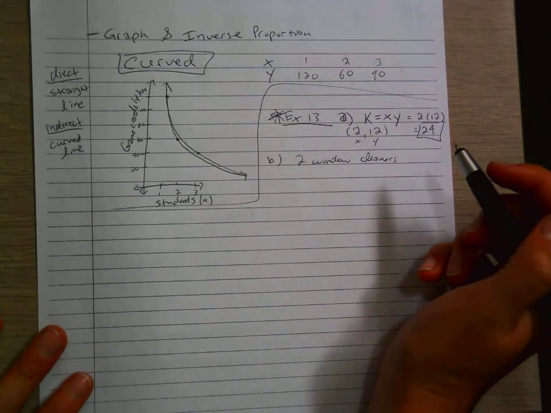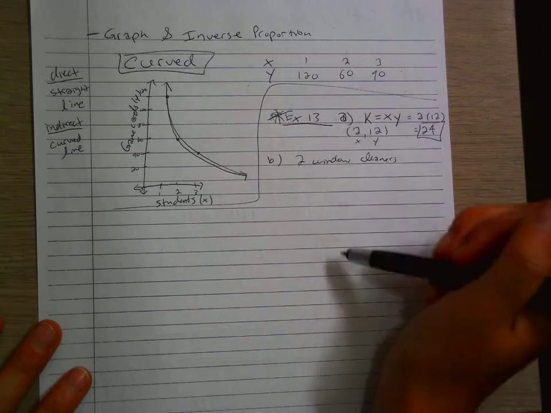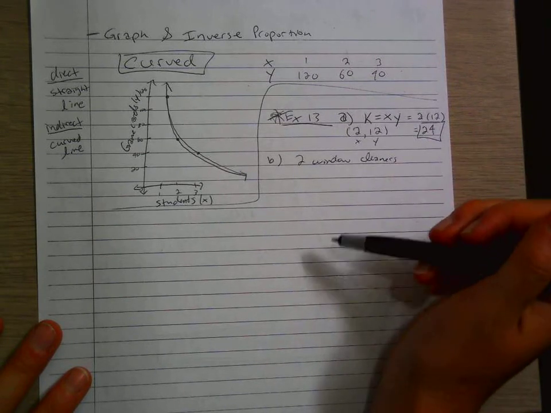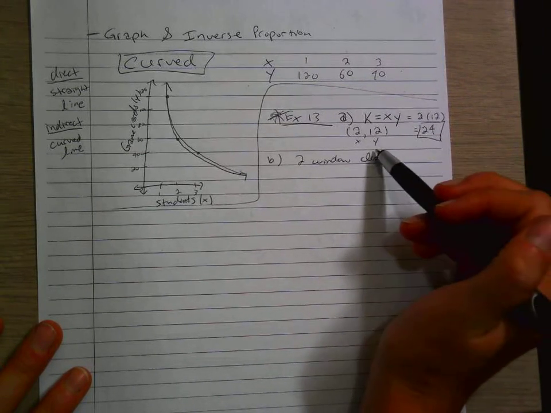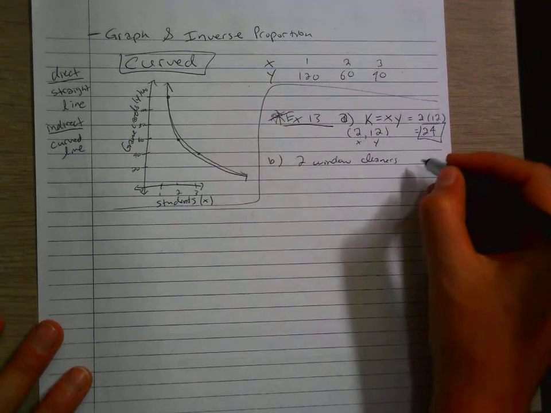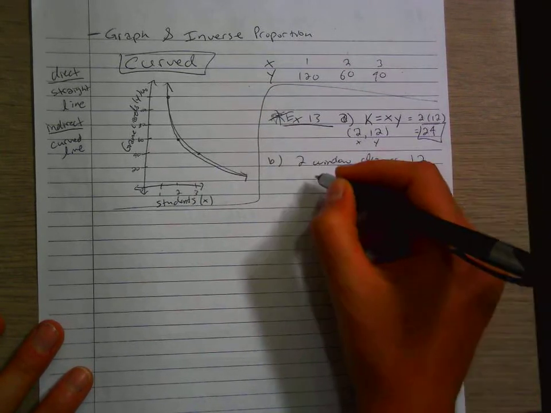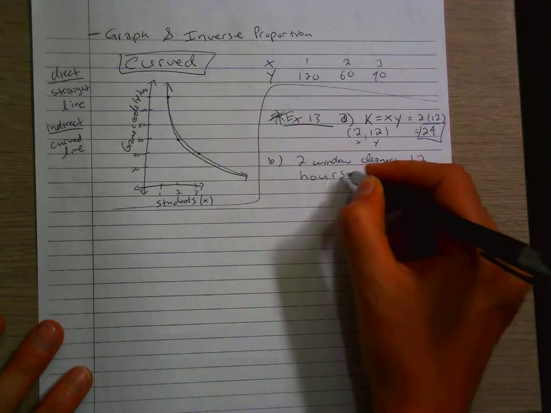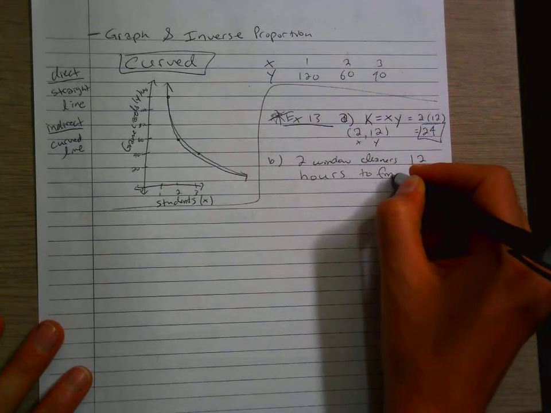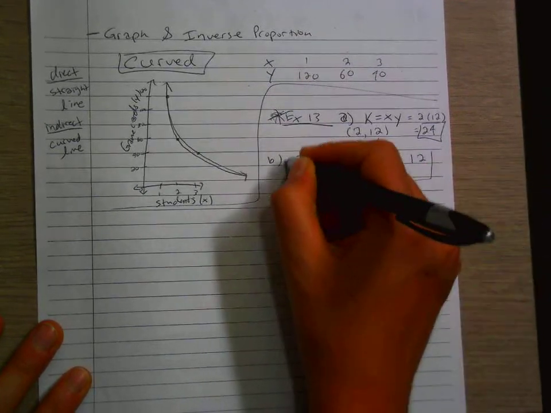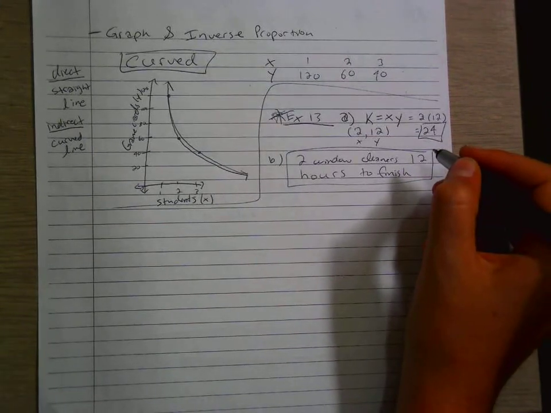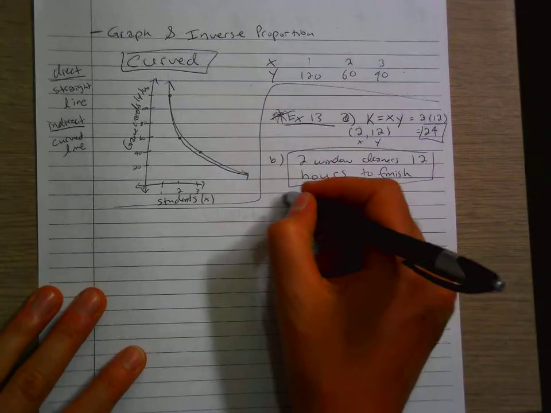Well, y is the number of hours. So it goes up on the y, 12. So it must be 2 window cleaners, 12 hours to finish. Okay? Try that on guided practice 5.